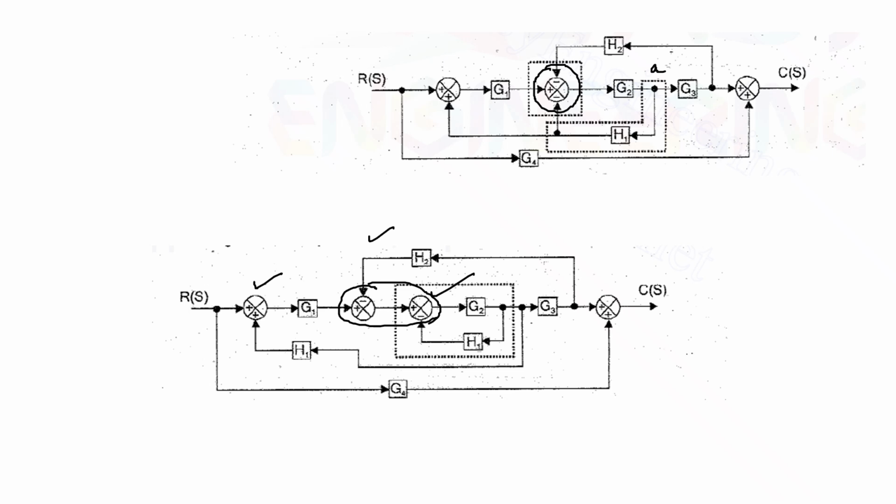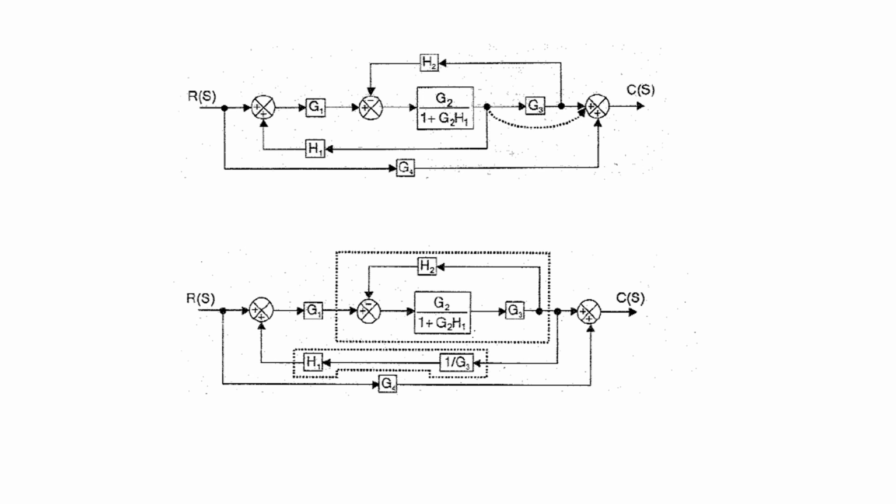Now I can find this part of the block diagram can be eliminated first to get a single block of an elimination of a feedback, the inner loop. So if I eliminate that, that ends up with G2 divided by 1 plus G2H1 since it is a negative feedback. Now I don't have any further reduction without any manipulation.